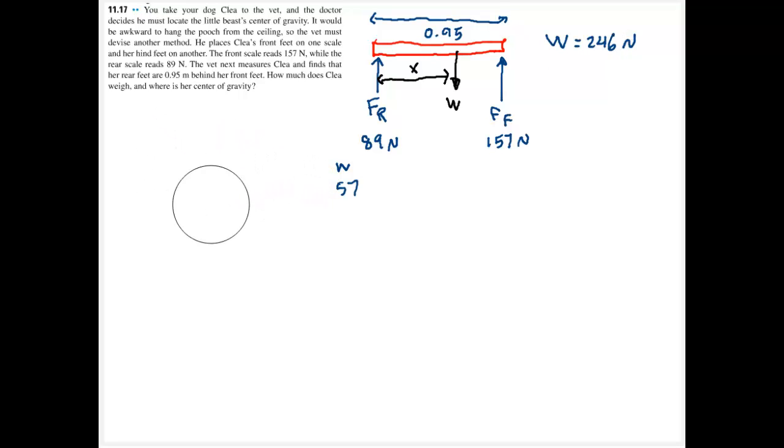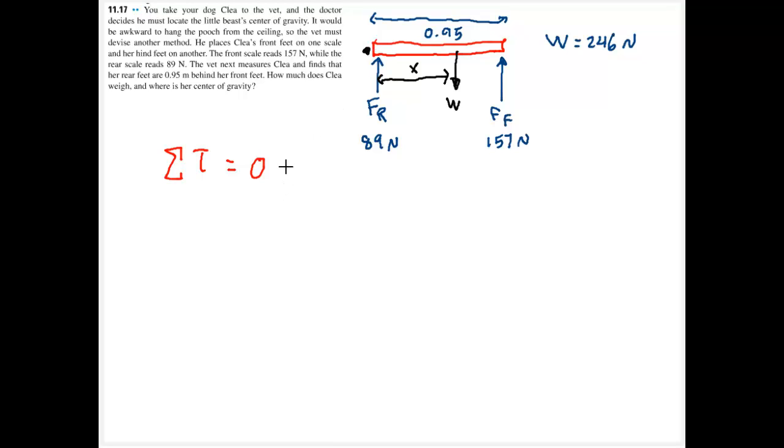Now in order to solve for that position, I can use the sum of torques for the dog. The dog is again in equilibrium. All of the torques about this dog are going to be equal to 0. So I'm going to calculate these torques. I'm just going to pick the rear of the dog. No reason in particular.